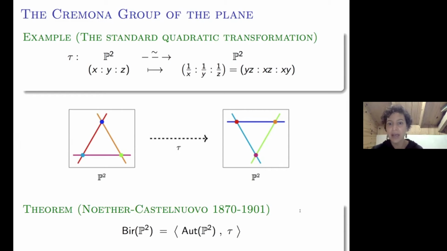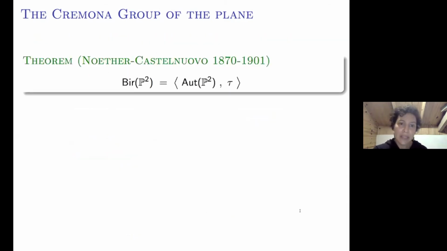So this gives us a factorization theorem for the Cremona group of P2 that has been used classically to understand this group. Okay, so you may think that given this very nice description, this gives you everything you want to know about this group. And okay, this is far from being true.